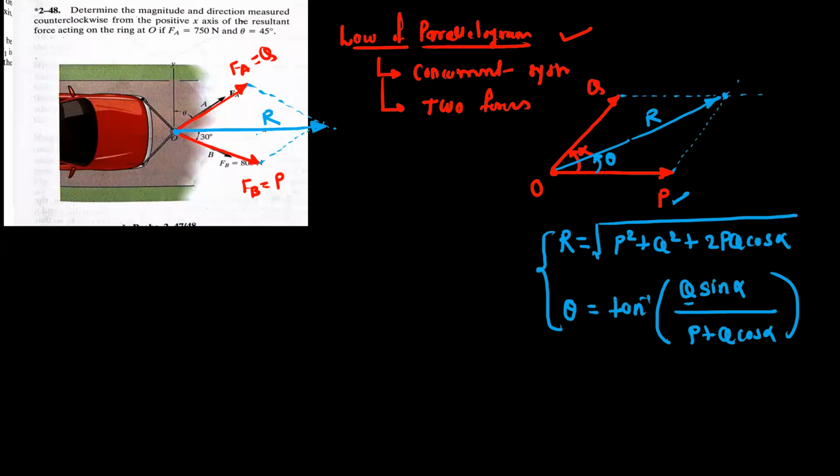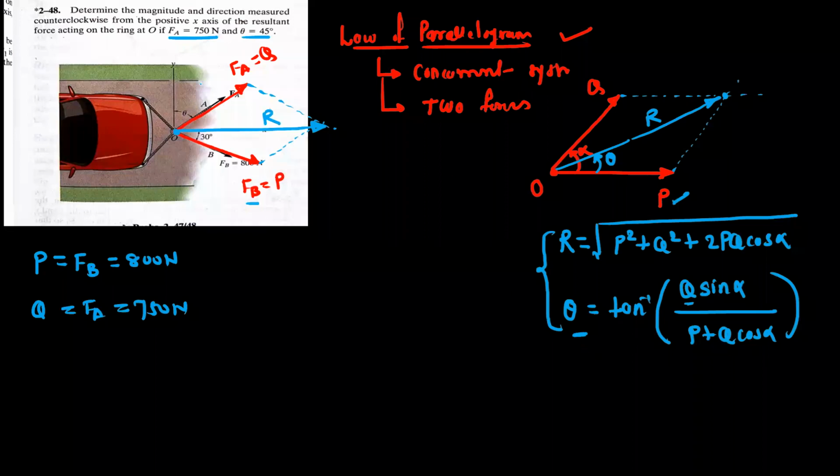Right now we don't know whether the resultant is exactly along the x-axis or it is upward or downward. So here force P, which is nothing but FB, is equal to 800 Newton. Force Q, which is FA, is equal to 750 Newton, as given in the statement. Theta is 45 degree, so don't get confused with this theta.